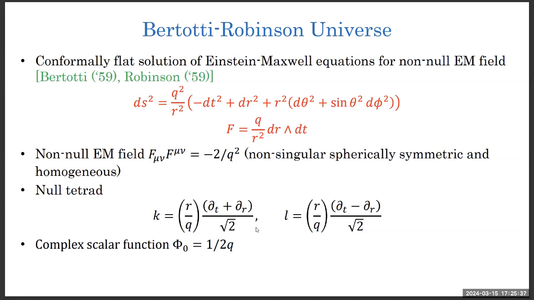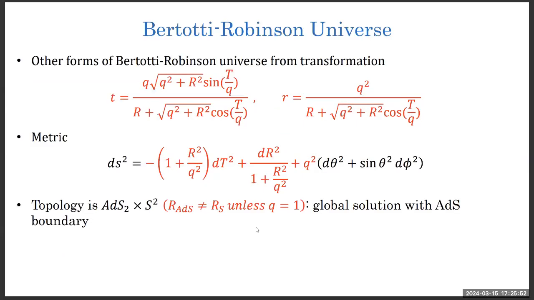And this is the null tetrad formalism, the Newman-Penrose formalism. Using the Newman-Penrose formalism, the complex scalar potential for the Maxwell part is given by that one. But this is not obvious, just because you can transform to another coordinate system.